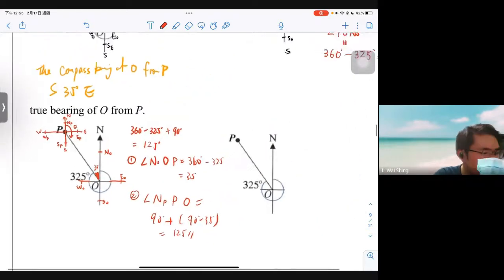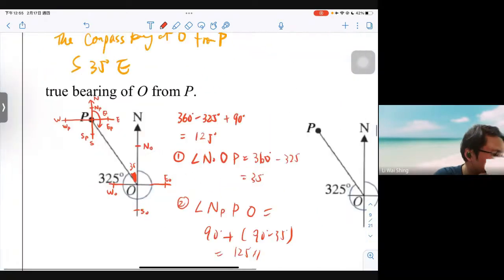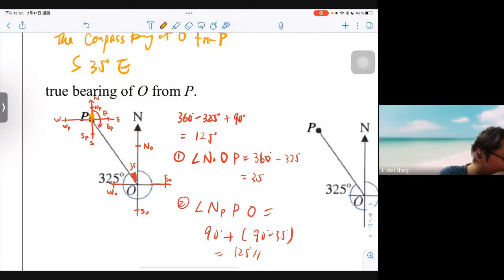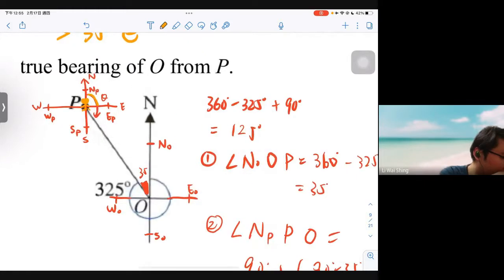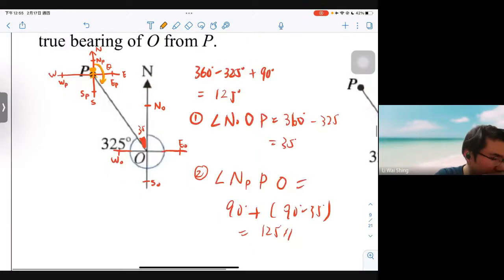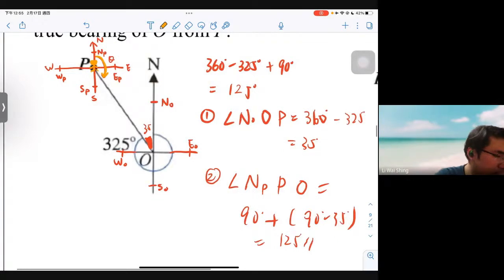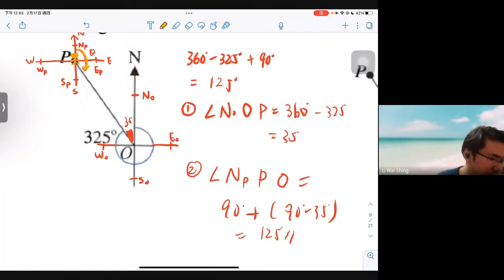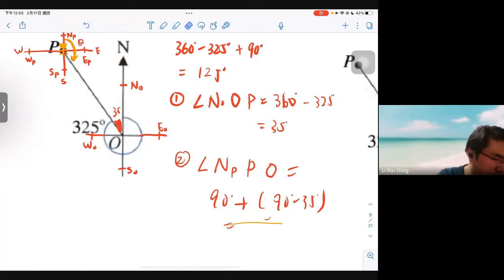Alright, part D we won't do, too boring. The true bearing from P looking towards O, so you are finding from O onwards. 145. Oh yes, let me calculate it. So it should be 90 degrees plus 55 degrees, so it should be 145.